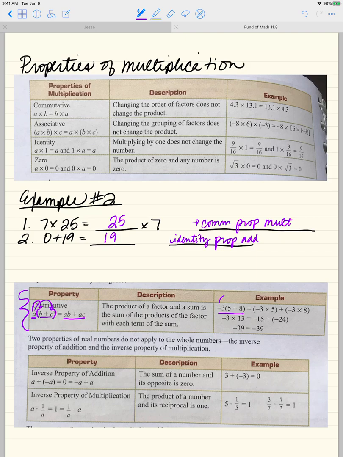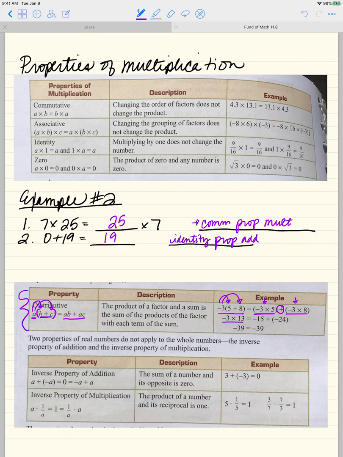That is the same as -3 times 5 plus the sum of -3 times 8. Order of operations would be very, very important here, okay? Over here, we have -3 times 13 because we do what's in the parentheses first. 5 plus 8 is 13, okay? And on the right-hand side, we do what's in the parentheses before we do any addition.